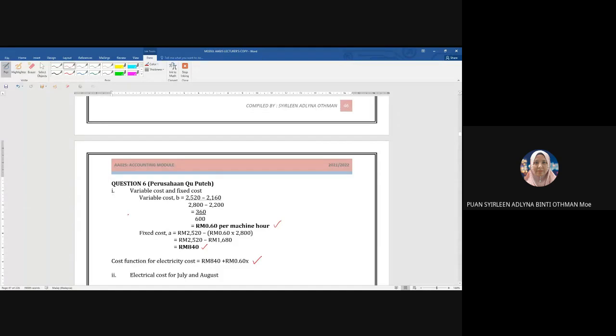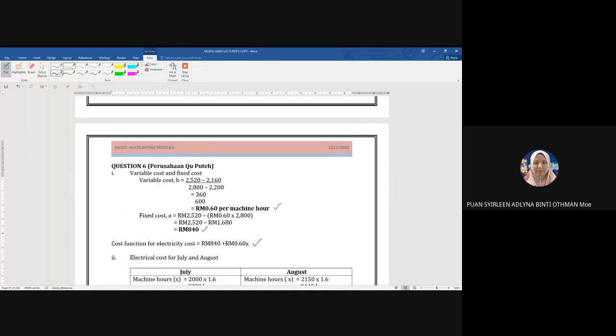Okay, numbering ni silap sekejap ya. Okay, betul lah. Okay, so kita compute untuk variable. Compute tu maksudnya dia suruh kira lah ya. So variable dah dapat 60 cents and then kita compute untuk fix kita dapat 840.